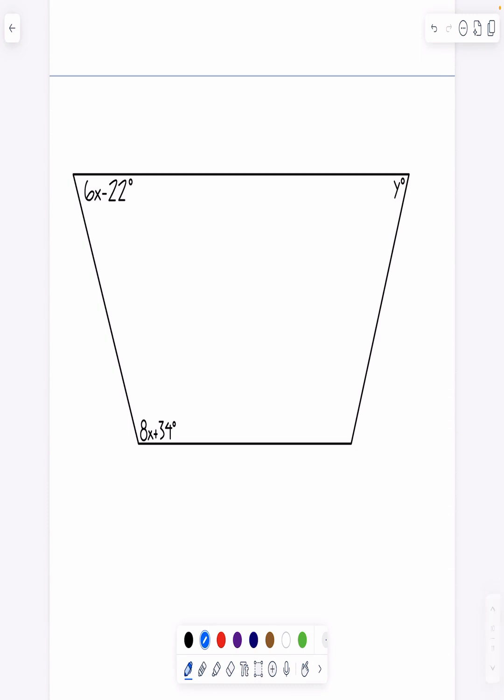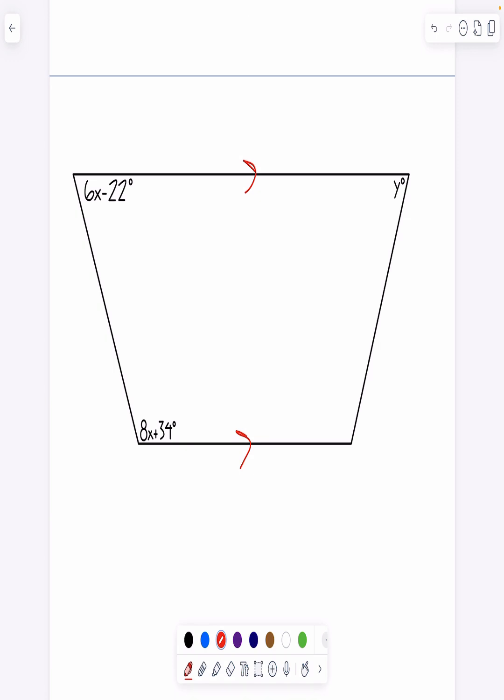Last but not least, I have a figure that appears to be a trapezoid, and I am in search of x and the angle y. Based upon the rules of a trapezoid, I have two sides that are parallel, and my opposite angles are the same.